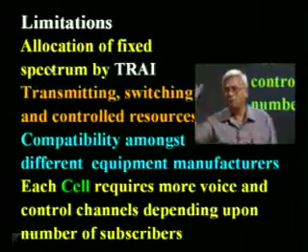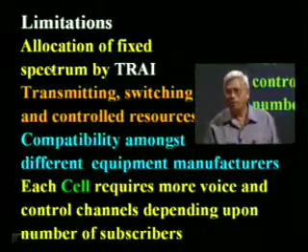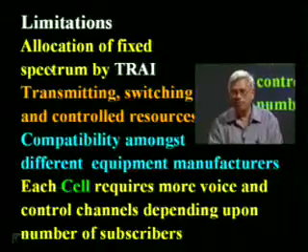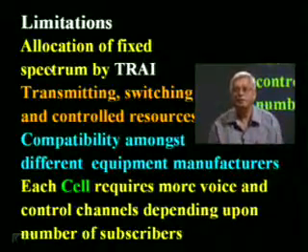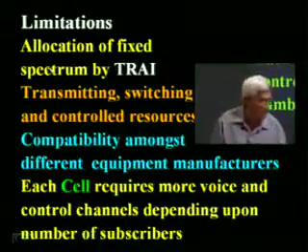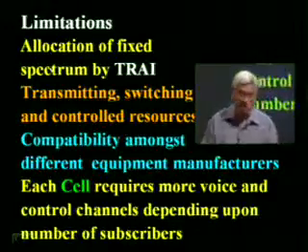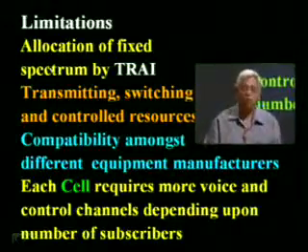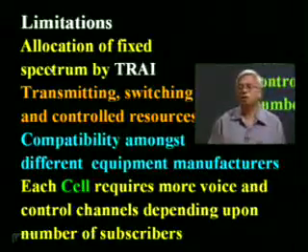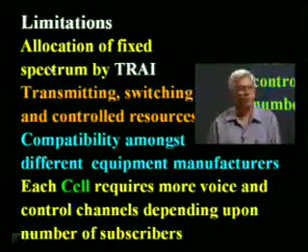If 1000 types of equipment are available, there is the issue of their compatibility with each other and their maintenance. And the fourth is that each cell requires more voice and control channels. So, we have to find some way to overcome these problems.